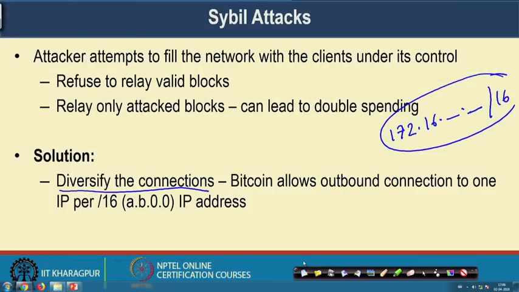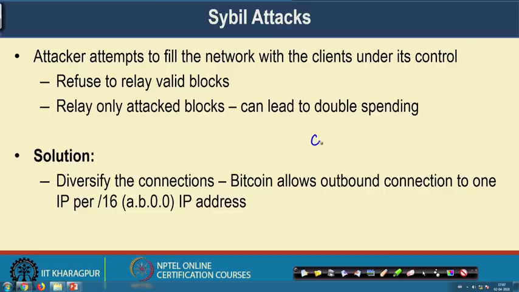But if you diversify the outgoing connections, then whenever you are forwarding a block, you forward the block to multiple nodes rather than a cluster of nodes in the same network. So, the entire idea is something like that. Say you are forwarding a block, and all these nodes belong to a single cluster.